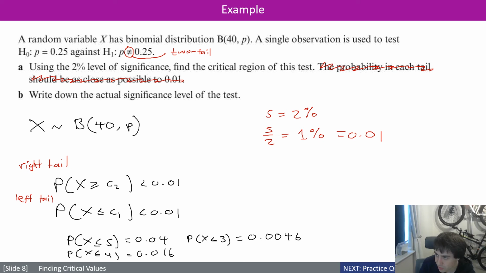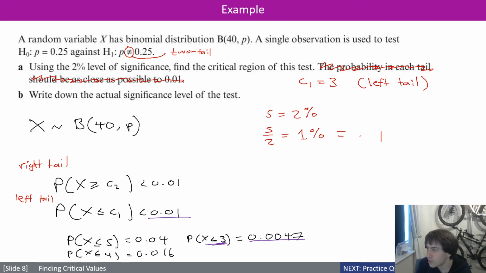That is the first time that it's gone below the 0.01 value, which means my critical value is indeed 3 for the left tail. So let's write this as C1 equals 3, which is my left tail. That's my left critical value.